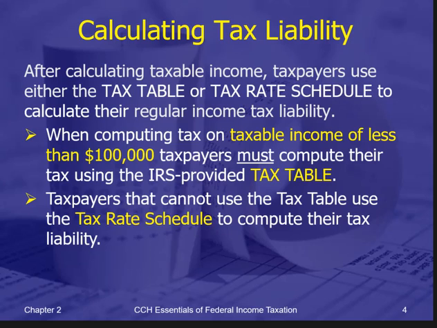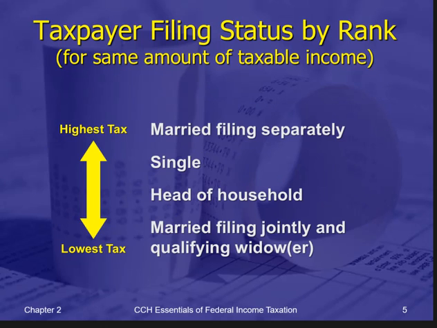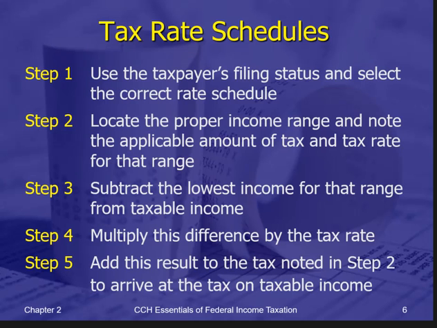If you did somebody under $100,000 and used the tax rate schedule, you may get a slightly different number than you get in the tax table, because the tax table uses kind of a midpoint to calculate the tax. So typically, you're going to be paying the highest tax from the tax tables if you're married filing separately, with the best deal being married filing jointly or qualifying widow.